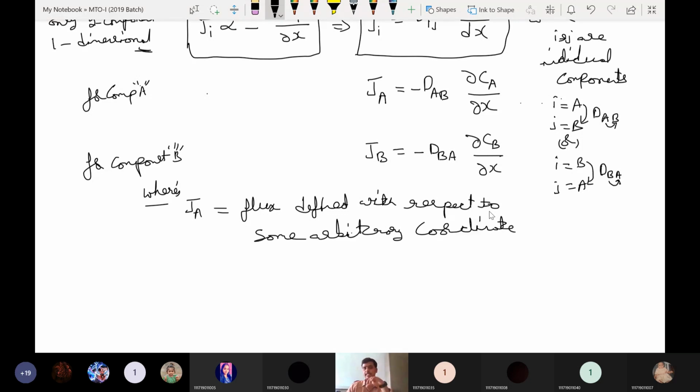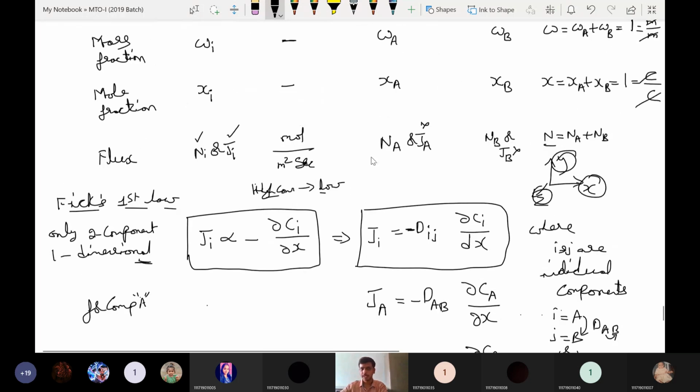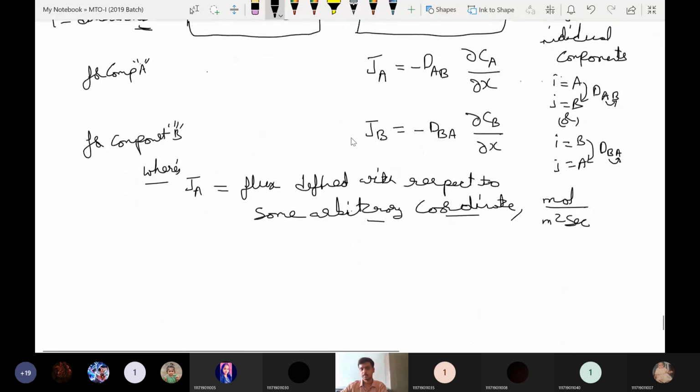So this x, y, z is nothing but a coordinate system. For the time being, just leave it like that. In the next topic, we will discuss what is this arbitrary coordinate system and what is the fixed coordinate system. Then the flux will have units of mole per meter square second. If you have any doubt, you can refer to the table.